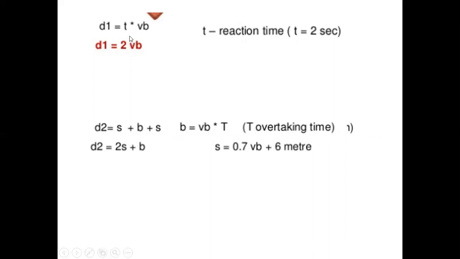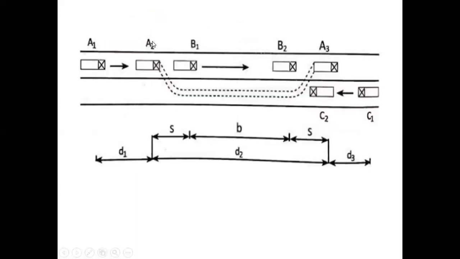Then what about your speed? You can see here the vehicle is moving from A1 to A2. I told you yesterday that B is a slow moving vehicle, correct? A is a fast moving vehicle.